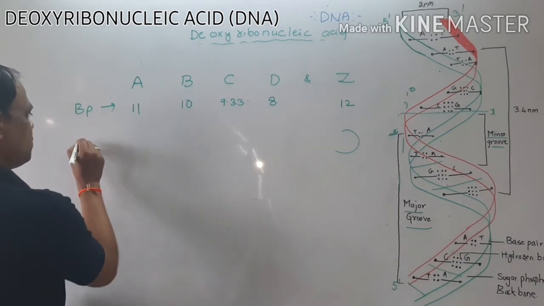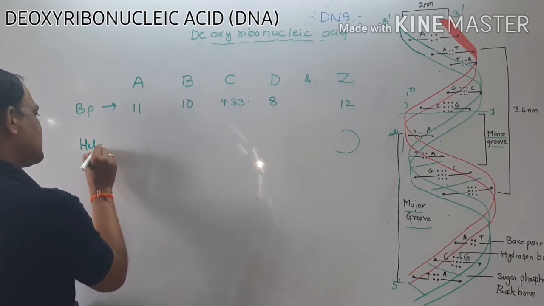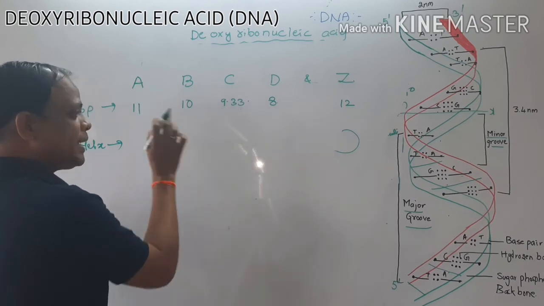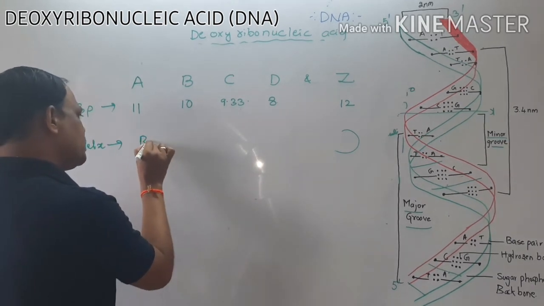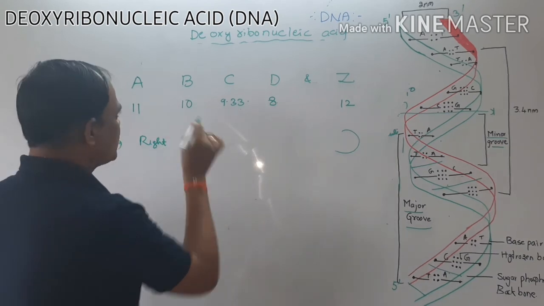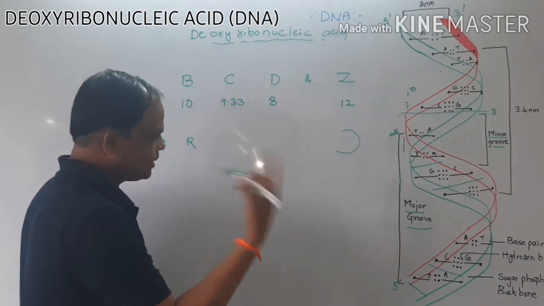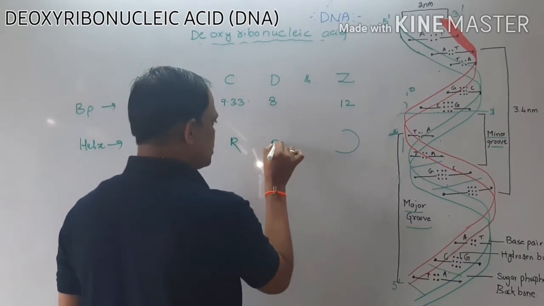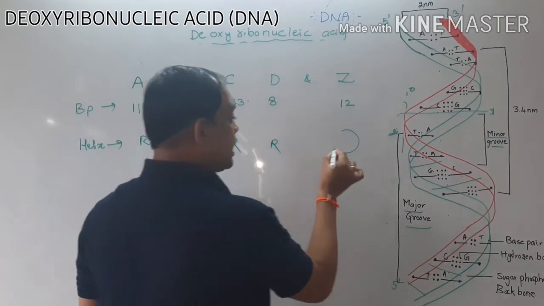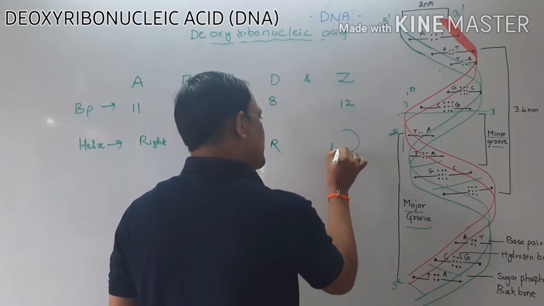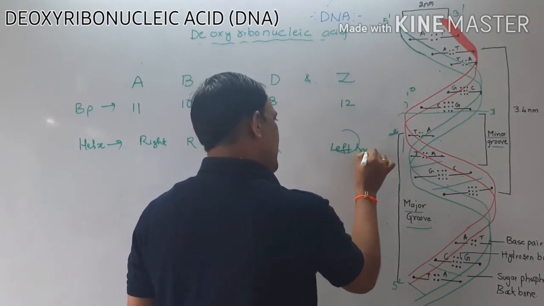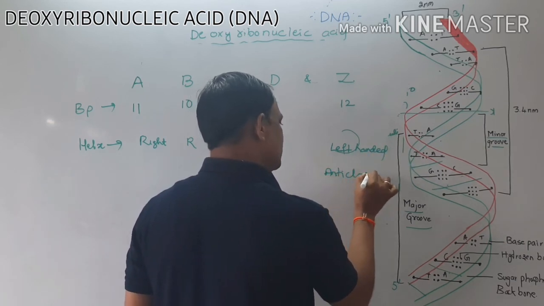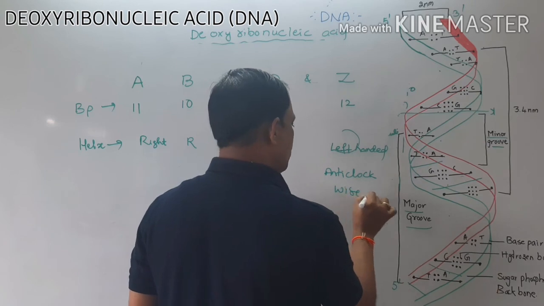And based on the helix, the A type of DNA is a right-handed helix, clockwise. B is also right-handed, clockwise. C is also right-handed, clockwise. D is also right-handed, clockwise, and Z is left-handed, anticlockwise.